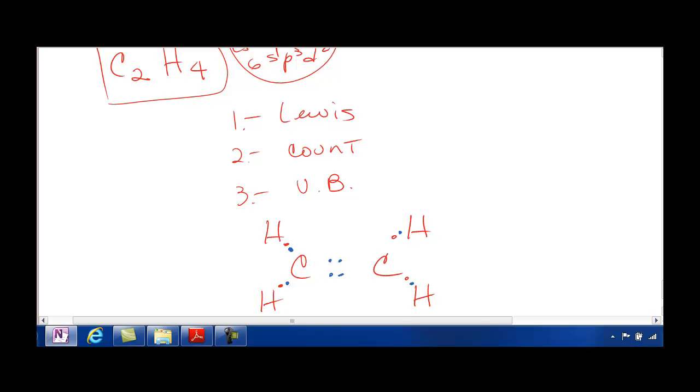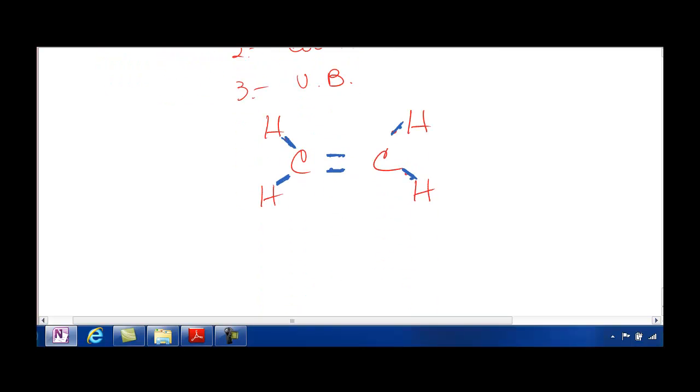These are my 4 of this carbon. This is my 4 of my other carbon. So I'm going to have a double bond, a single, a single, a single, and a single. I'm assuming we know how to do Lewis. It may take you more than 2 seconds. It took me just 2 seconds to draw it. But maybe it takes you 3 seconds instead of 4.